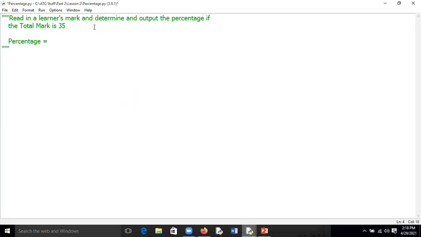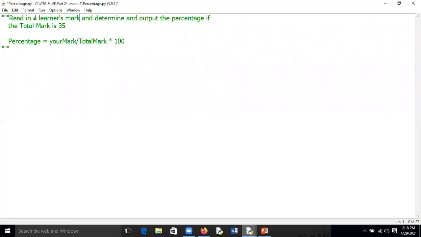How would you work out the percentage? Your percentage would equal your mark divided by the total mark times 100. So our total mark here is 35. This is your mark. So this is what we have to read in.